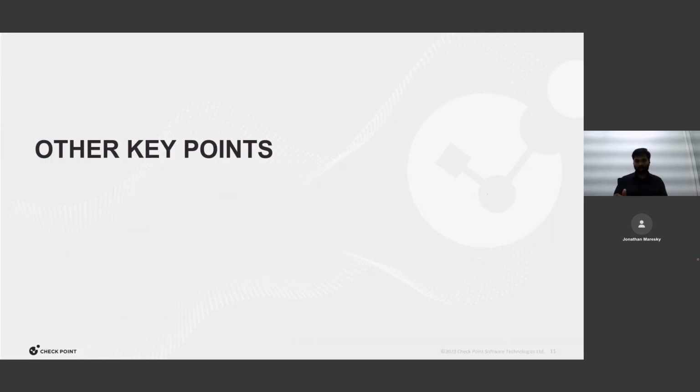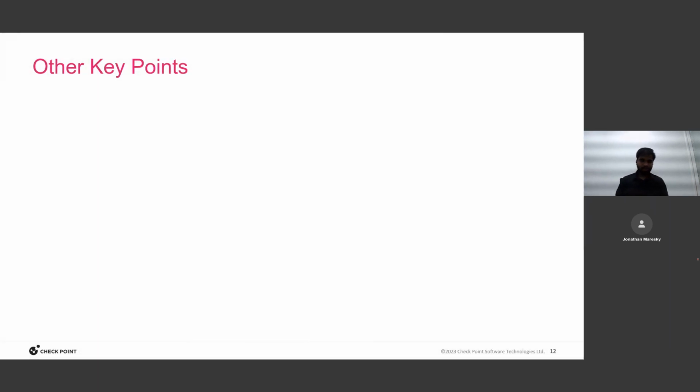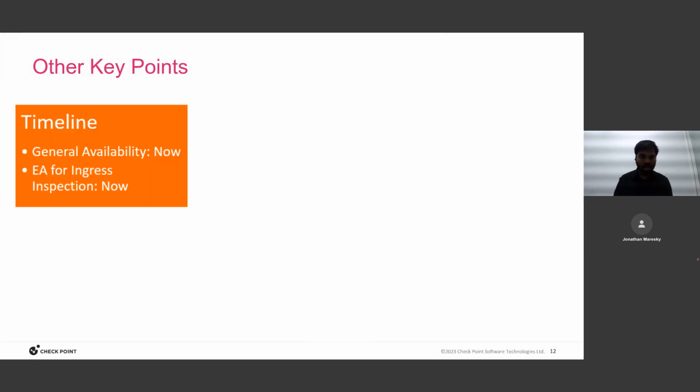Now let's talk about some other points, and then we'll dig into our architecture in the lab session. I will show my Azure screen and we'll go through the configurations one by one. First, some timeline. This service is now GA, since a quarter back.